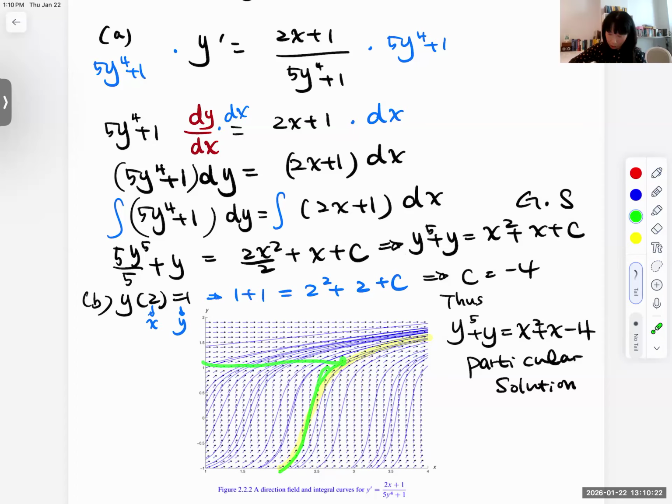So that will be the point 2 and 1. The curve, with the direction field, looks like this. Okay. Let us do the next question.